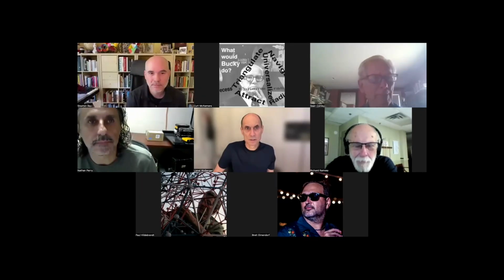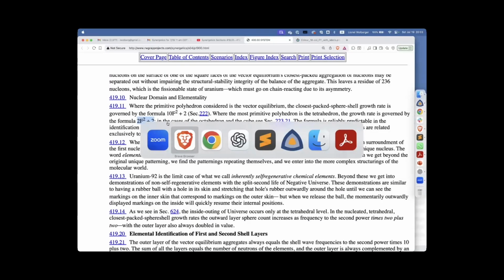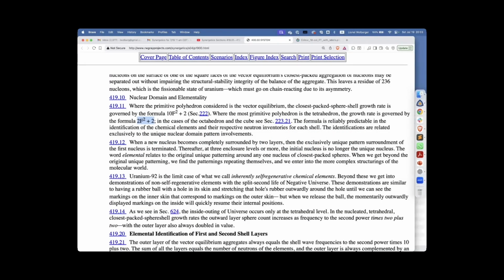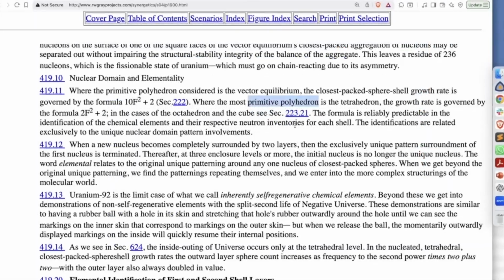Yeah, and I think it's a little more obvious when you're doing a vector equilibrium that he's talking about shells rather than total spheres. I was surprised by his use of primitive, instead of saying the simplest or the basic or the fundamental, the primitive polyhedron in both occasions there.